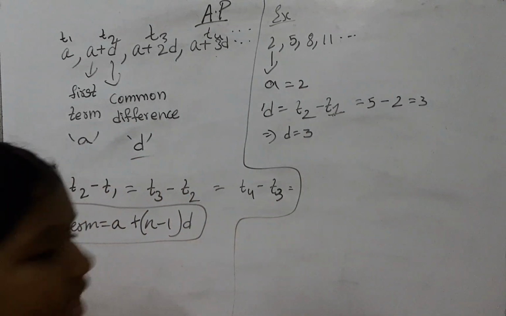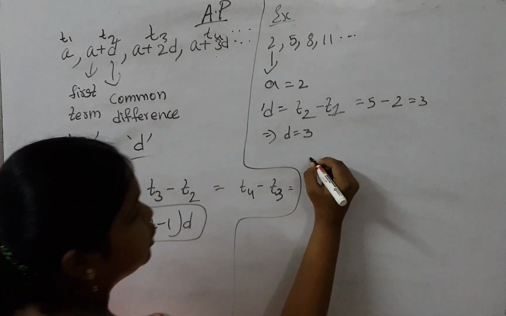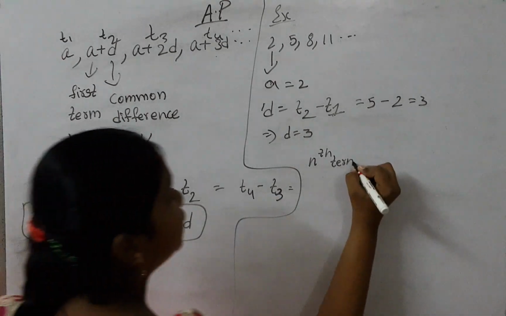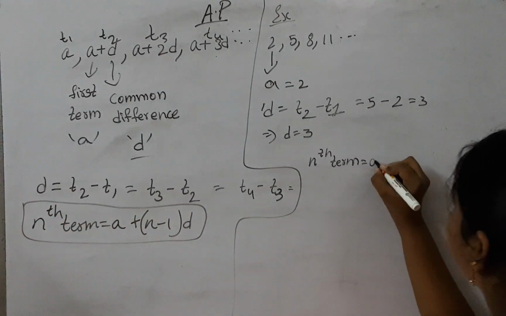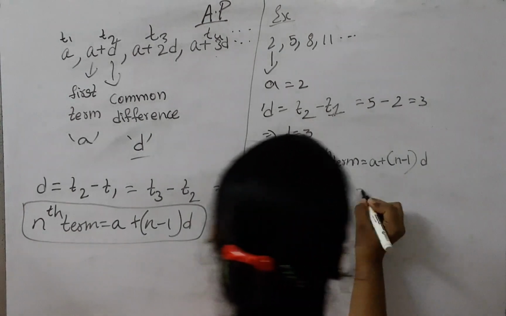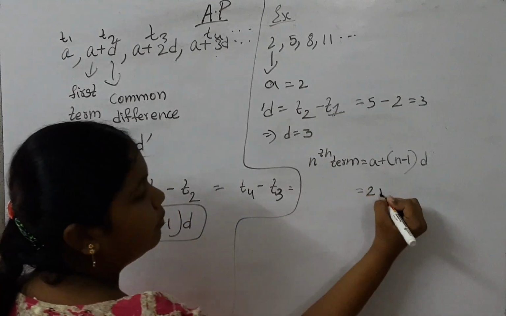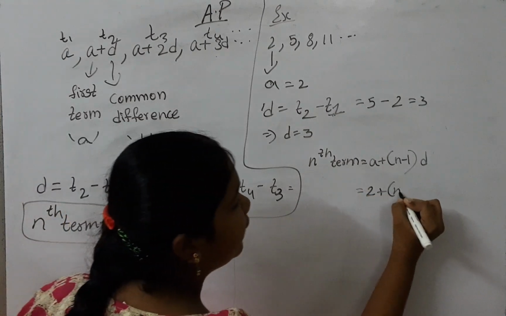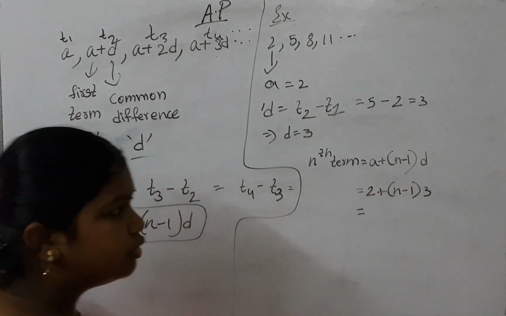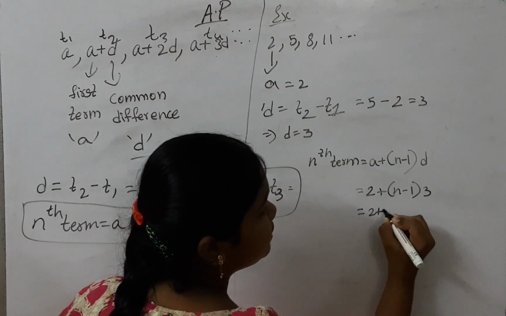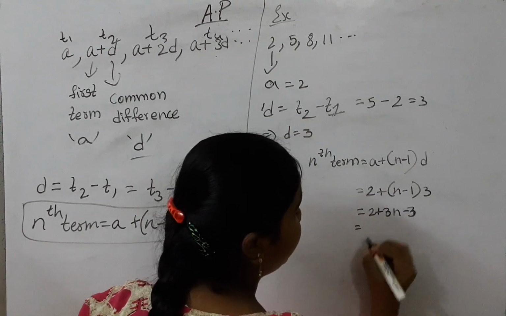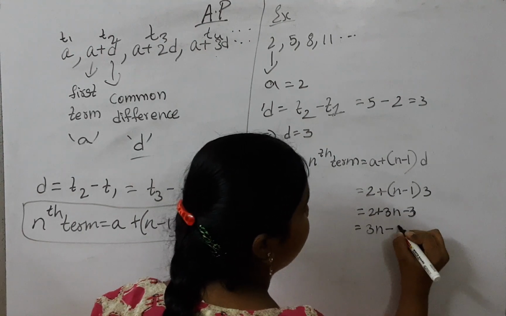Now we will find out the nth term of this. The nth term is equal to a plus n minus 1 into d, is equal to 2 plus n minus 1 into 3, is equal to 2 plus 3n minus 3, is equal to 3n minus 1.